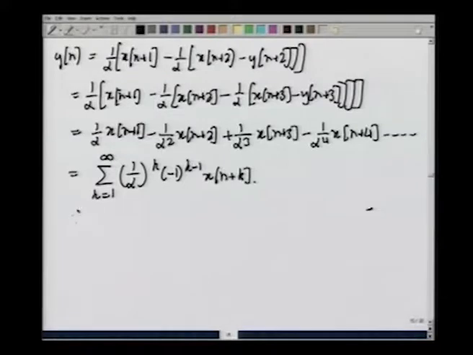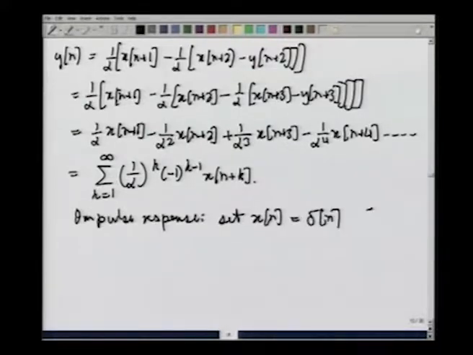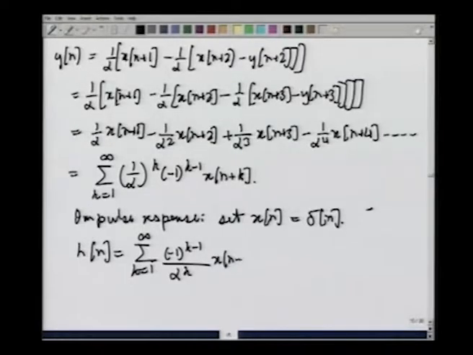Impulse response: for this you set x n equal to delta n, then you would get h n equals summation k equals 1 to infinity minus 1 to the power k minus 1 divided by alpha to the power k x n plus k, which is what I was trying to plot actually.